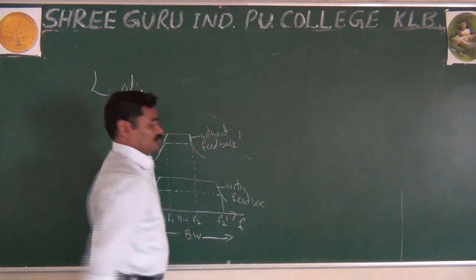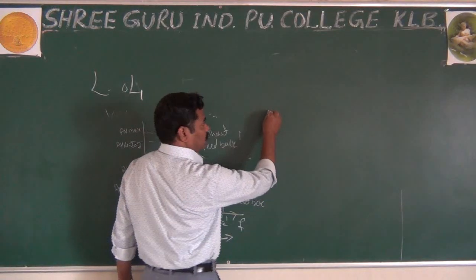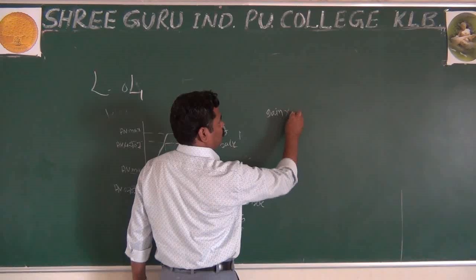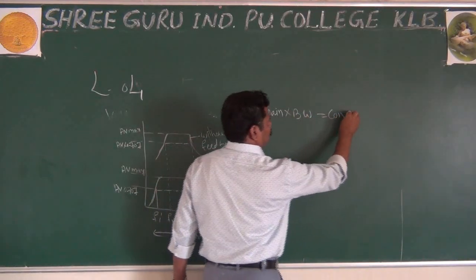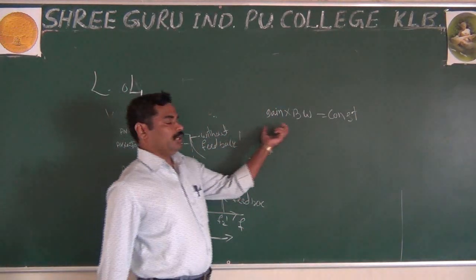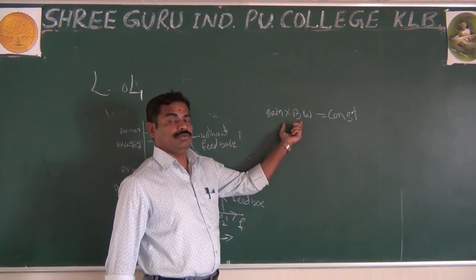The important thing in general for amplifiers is that the gain and bandwidth product should be constant. In general, for all amplifiers, the product of gain and bandwidth will be constant.